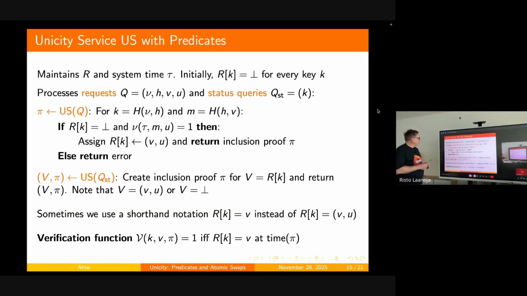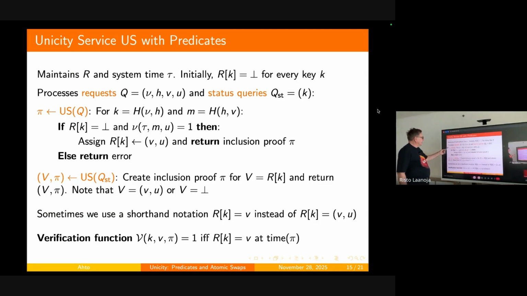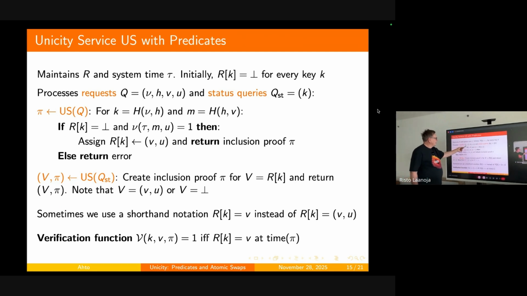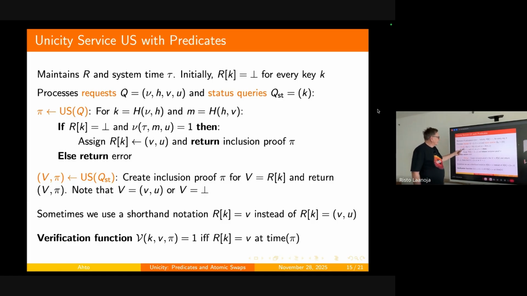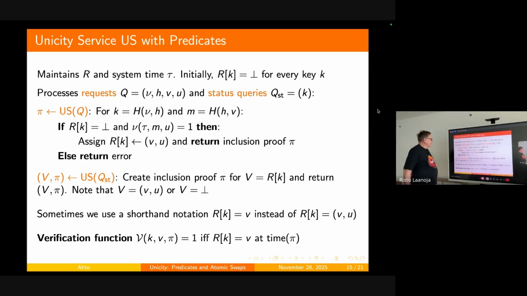So let's talk about the Unicity service too. Now we have predicate here as well. So we have requests, which contain predicates. Now we again compute those hashes like we did in the previous case. We check whether this place is empty.